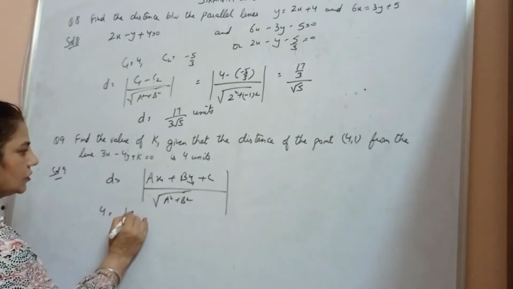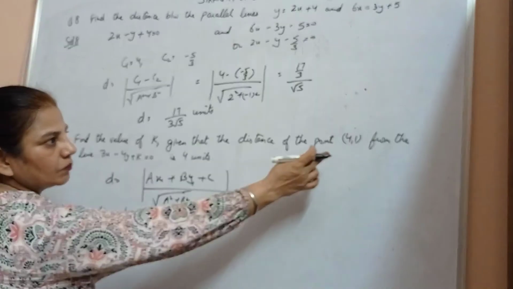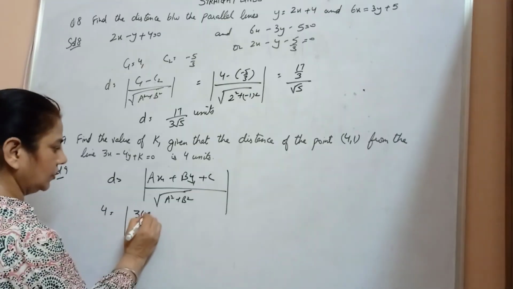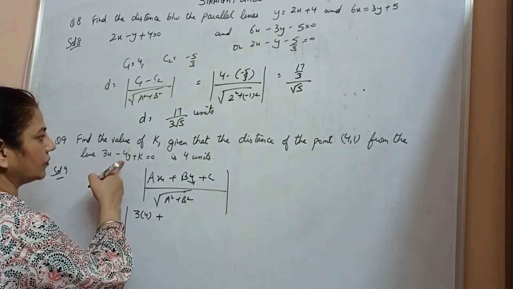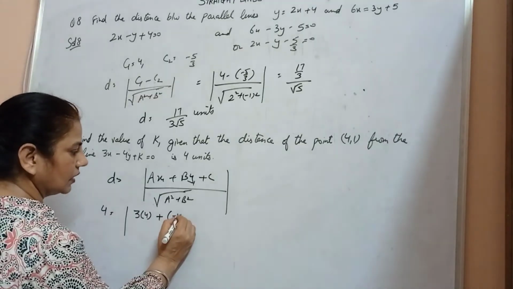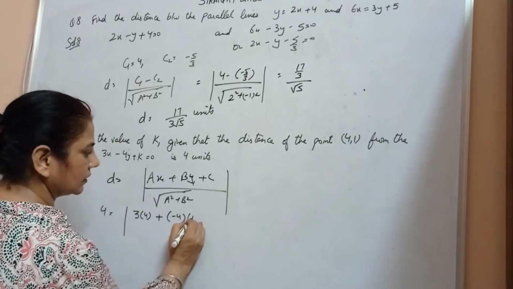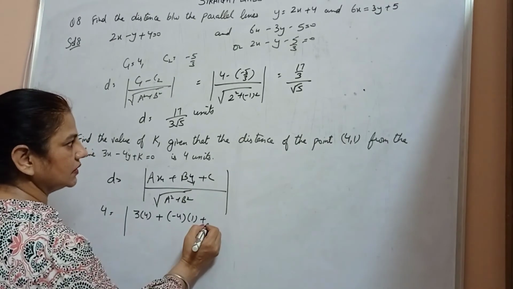A, the coefficient of x, times the point 4, so 4 into 4, plus b, the coefficient of y, which is minus 4, times the y of the point, which is 1, plus a constant c.